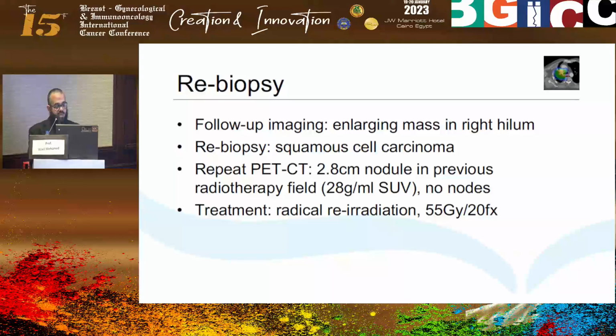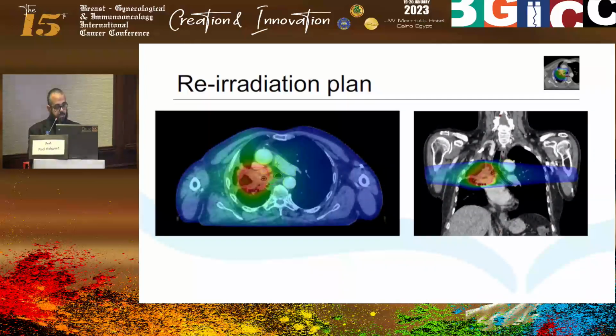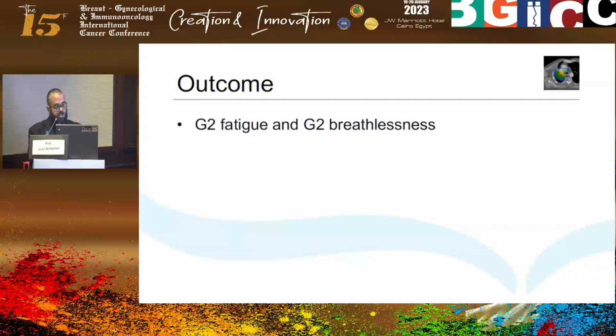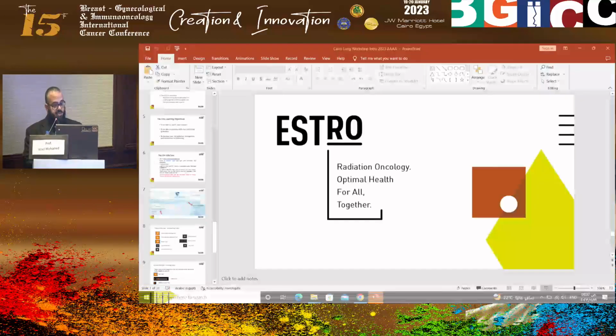Re-biopsy following the imaging showed squamous cell carcinoma, and the PET scan confirmed a 2.8 centimeter nodule in the previous radiotherapy field, with no nodes, and treatment with re-irradiation of 55 gray in 20 fractions. We are going to discuss the organs at risk and the contouring of the initial treatment and the re-irradiation contours. The outcome was G2 fatigue and grade 2 breathlessness. Dr. Ahmed is going to start the lecture.